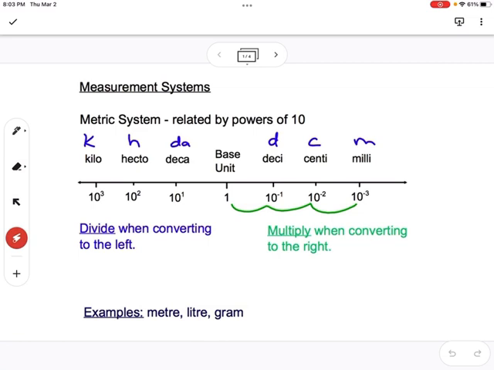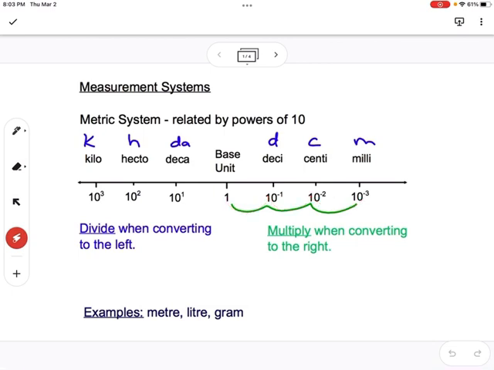So going to the left, your units are getting bigger, so that means that you're going to end up with a smaller number. You're dividing by 10 each hop this way. If we're going to the right, we're going to our smaller units, meaning that number will get bigger, and we're going to be multiplying by 10 for each one we go over.